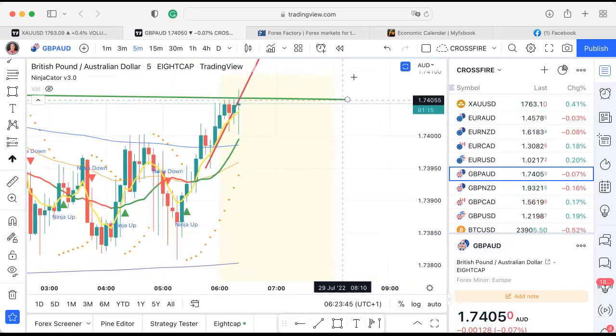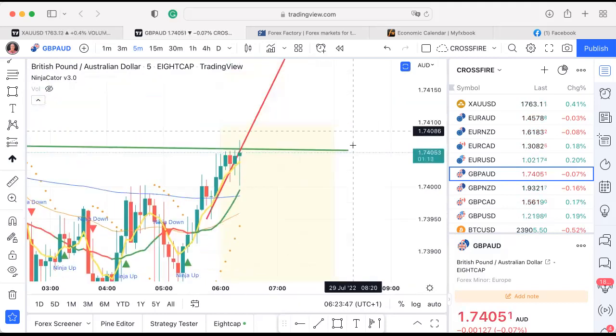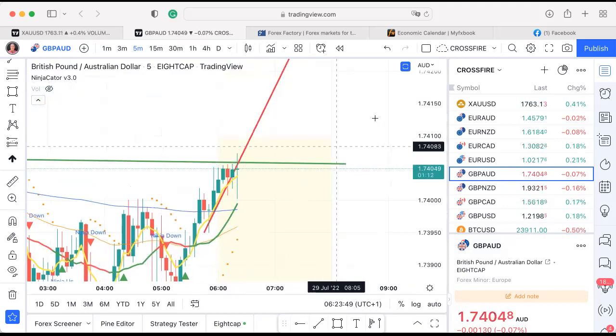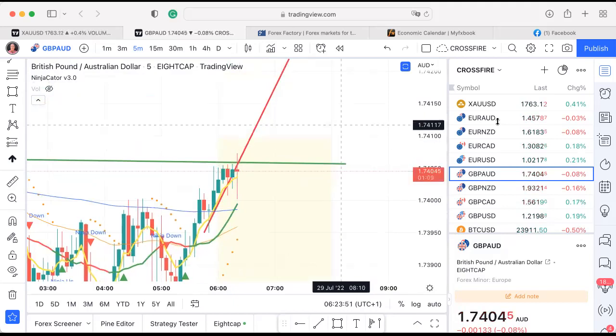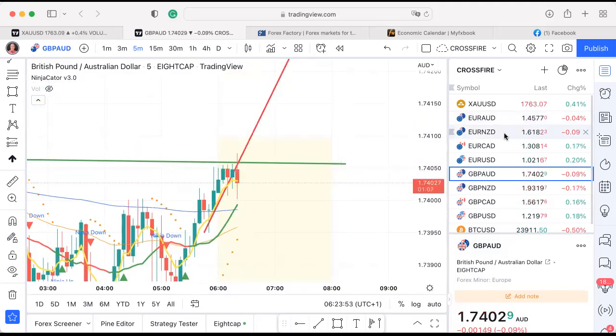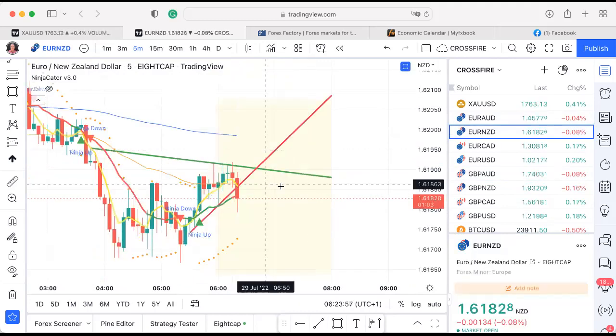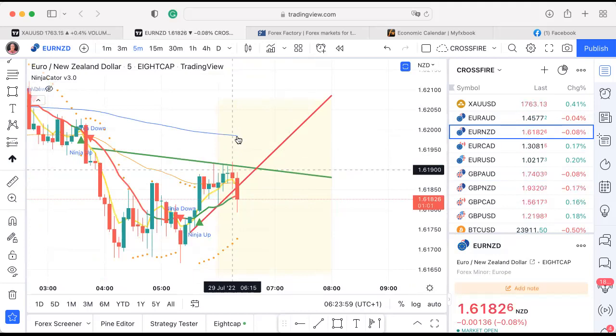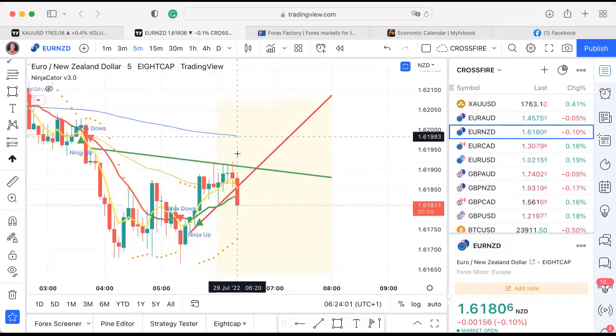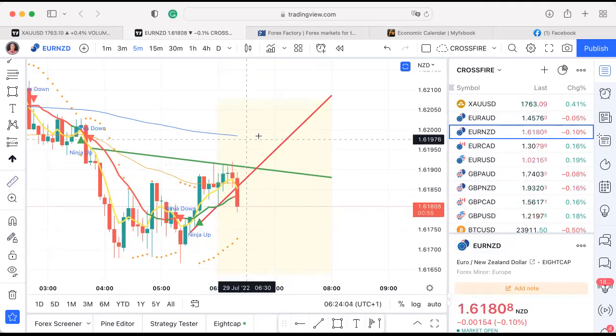So we're left with no target above. That doesn't mean it won't go above, but we're going to struggle to decide on a target in that situation. Yeah, I think this is one that we looked at before. We've got the 200 MA just above the green line. I doubt if there are 10 pips in that one just yet.